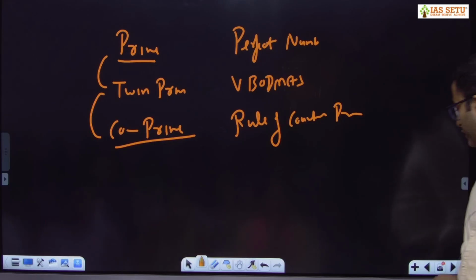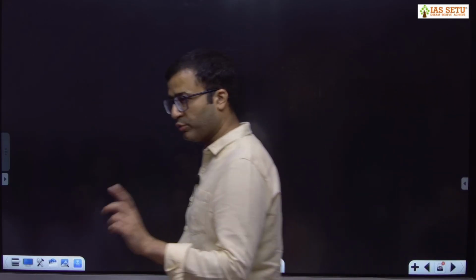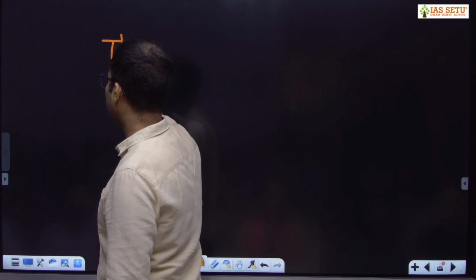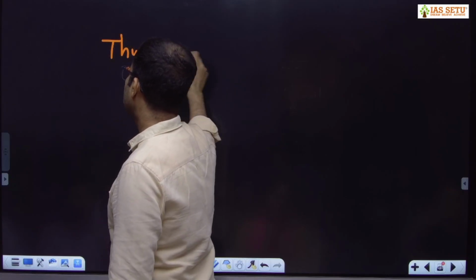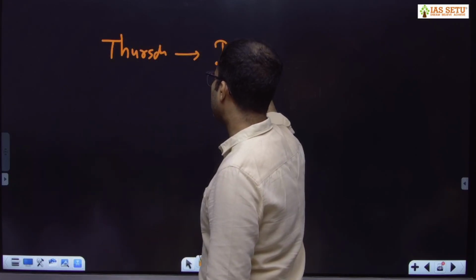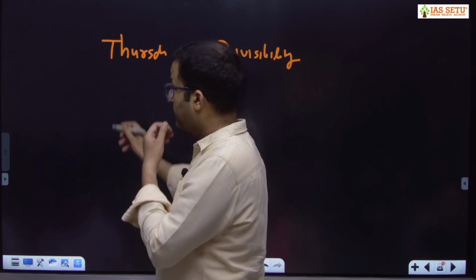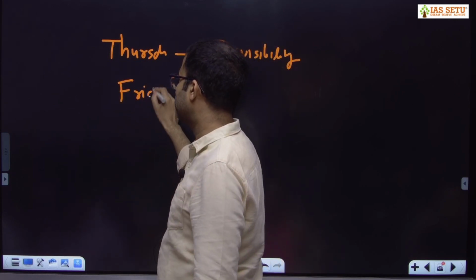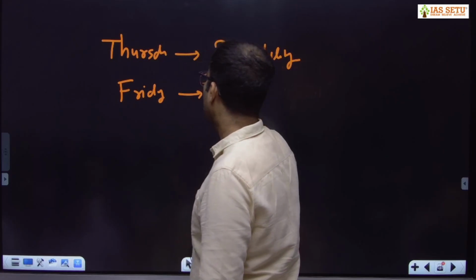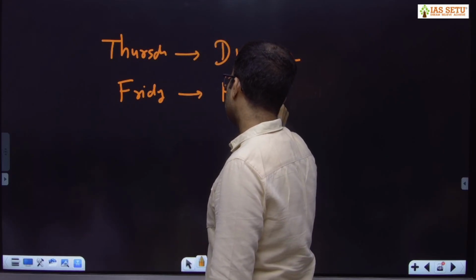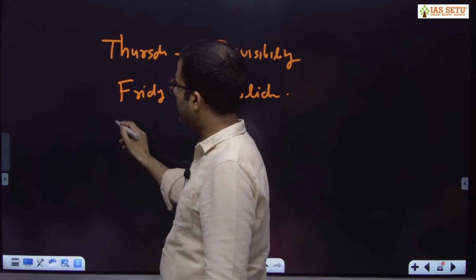Okay, there is one update about your timetable. Tomorrow we have class, Thursday. Tomorrow I will take the topic divisibility. Friday you have a break because I have some work. Friday there is no class. Saturday we have class.